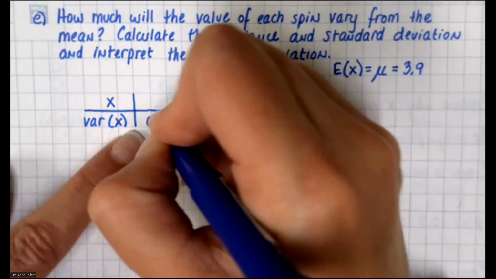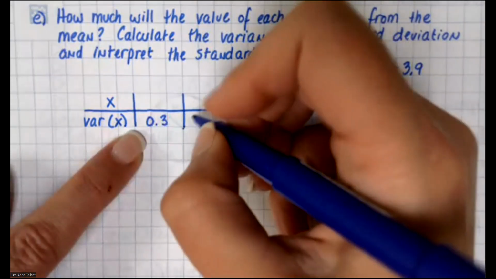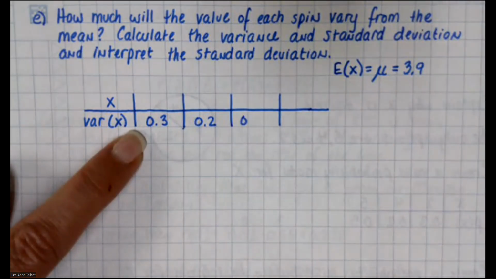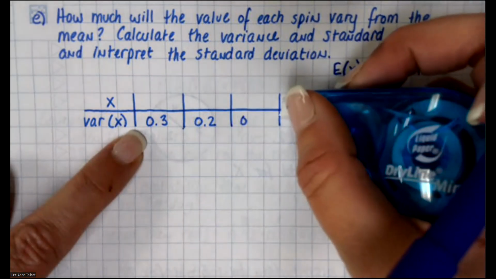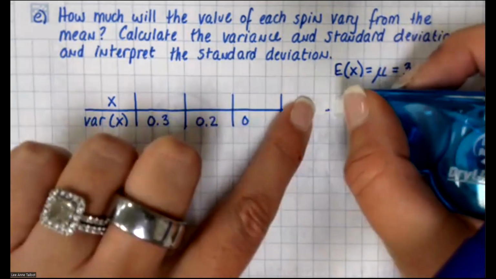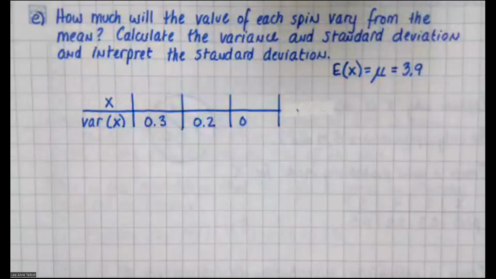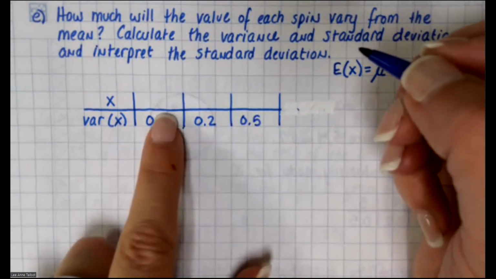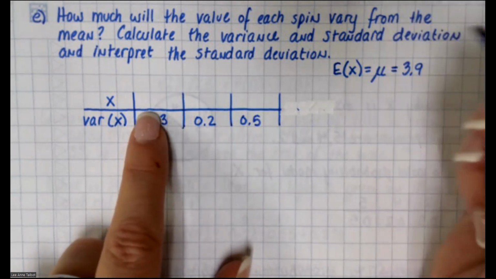Okay, so the probabilities here were 0.3, 0.2, and 0.5. Okay, this was the 2 spot, correct, in the probability model?